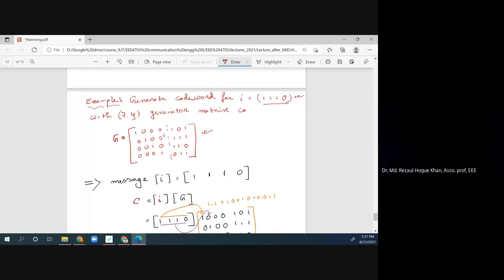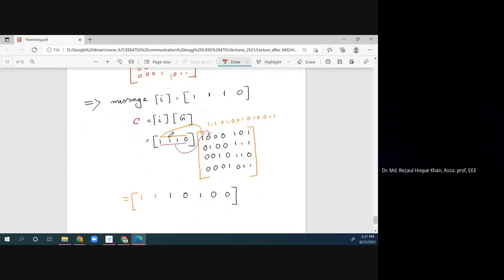So this is a 1 into 4 matrix, and this is a 4 into 7 matrix.